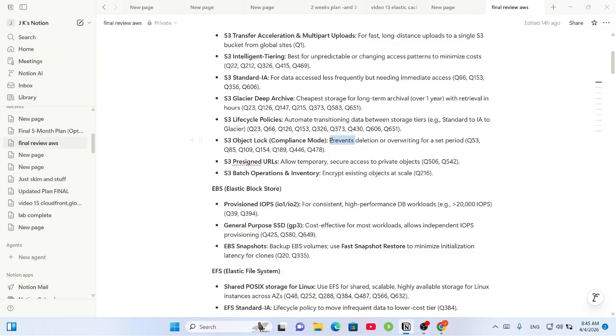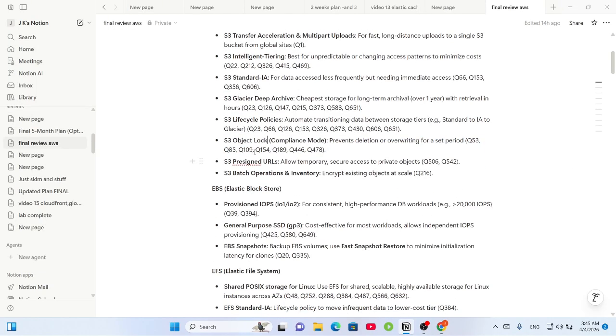In this period, it will prevent someone from deleting or overwriting the object for the set period. This is important because we got one, two, three, four, five, six, seven, 7 questions total. So we need to understand this as well.